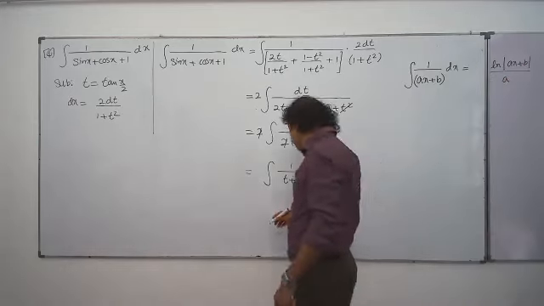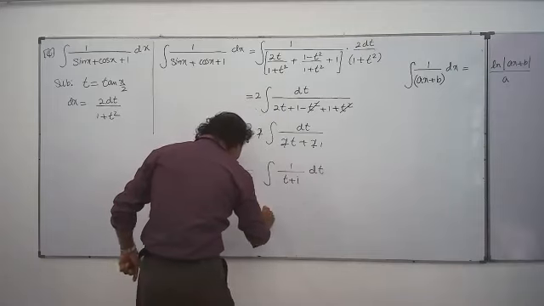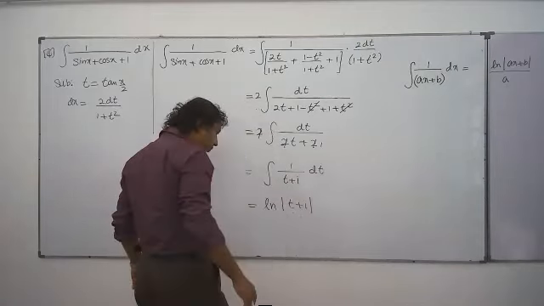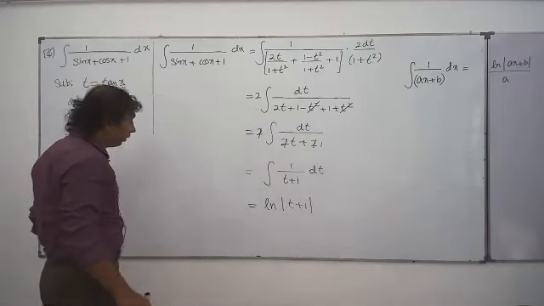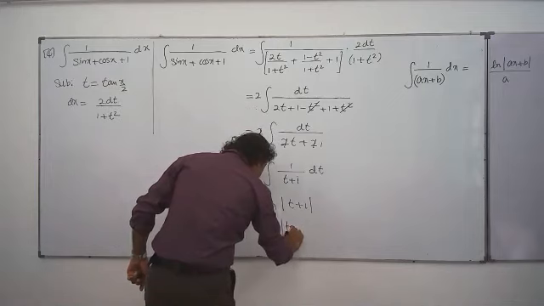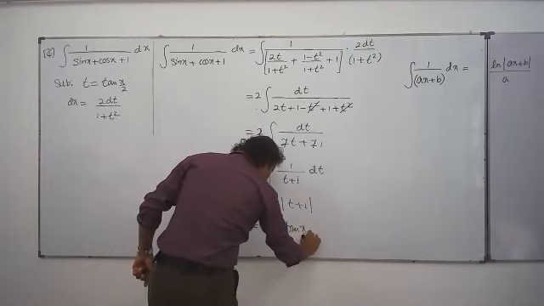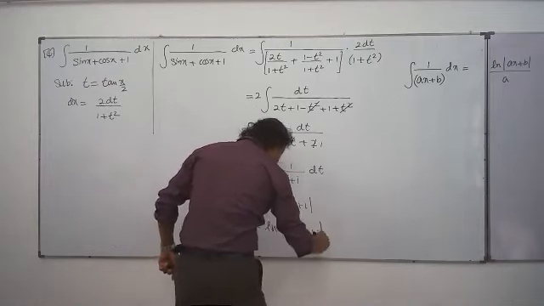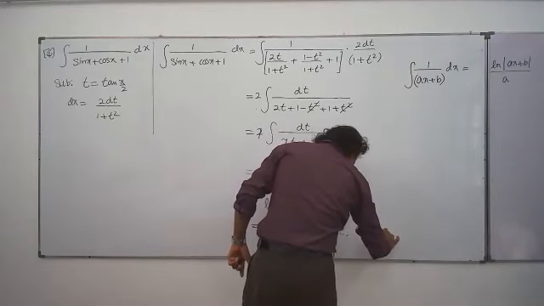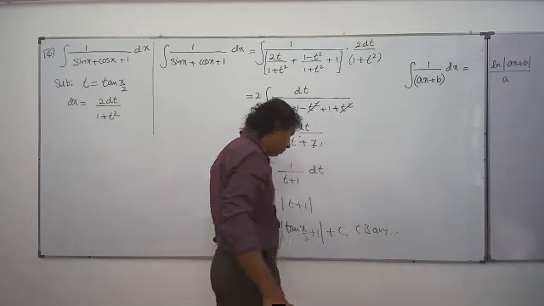Like that here. What is this? ln modulus t plus 1. T is tan x by 2, plus 1, plus c. C is any constant.